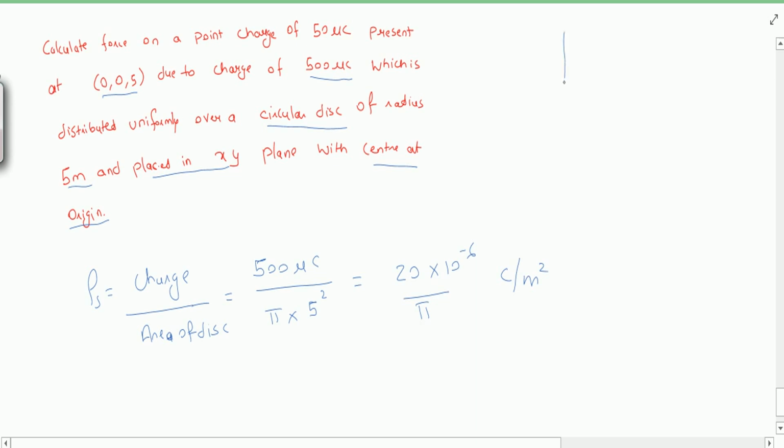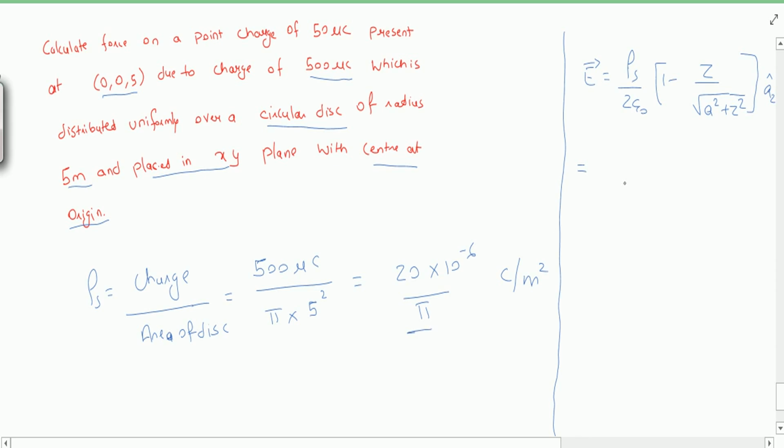Now, what was the formula for the electric field due to a circular disk? It was rho s by 2 epsilon naught, times 1 minus z by under root of a square plus z square, in the az cap direction. So what is the value of rho s?